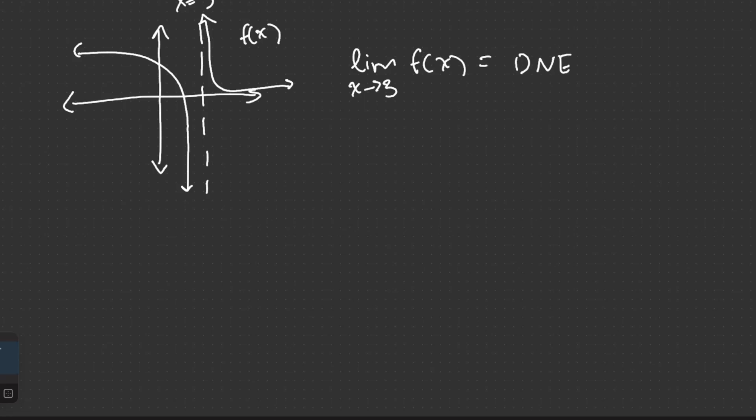Because on the left side it is going towards negative infinity, but on the right side it is going towards infinity. And this brings us to the concepts of, I forgot the math term, it's been a while, but it's left-hand side limits and right-hand side limits.